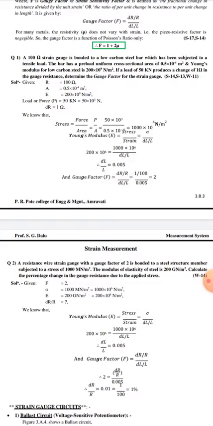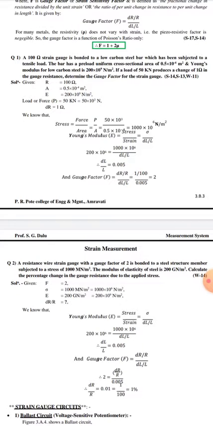Then what we have to calculate is the percentage change in the gauge resistance due to applied stress, so dR by R. Young's modulus equal to stress upon strain, sigma upon change in length upon L. So 200 into 10 to the power 9 equal to 1000 into 10 to the power 6 upon change in length upon original length, means dL by L equal to 0.005.